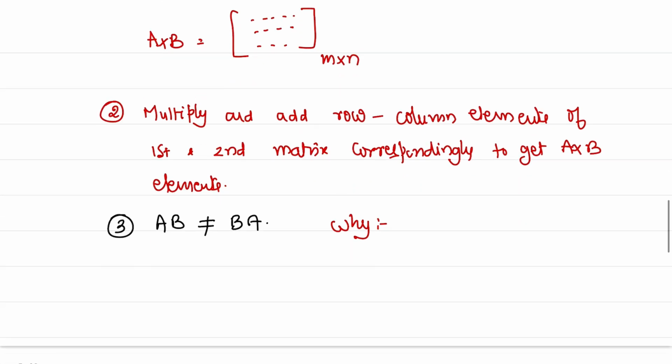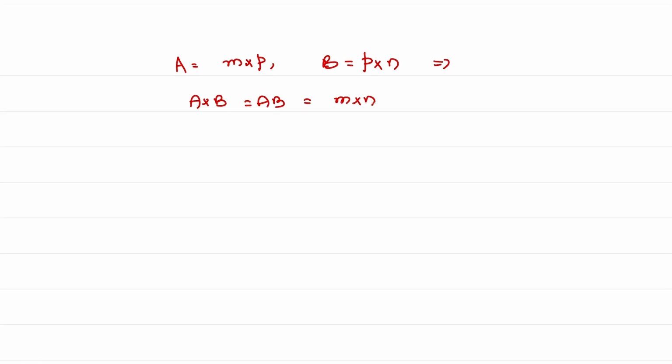B is P into N, A is M into P. Is it possible?